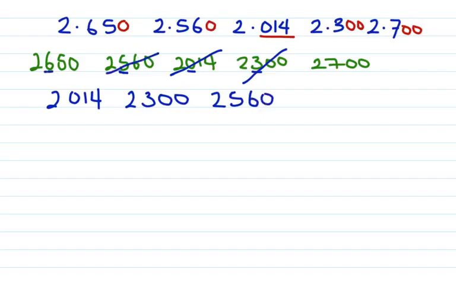This has got 600 here, so 2,650. And last of all, this one here, 2,700. Now I can just go ahead and pop the decimal points back in right where they belong, and then we're done.